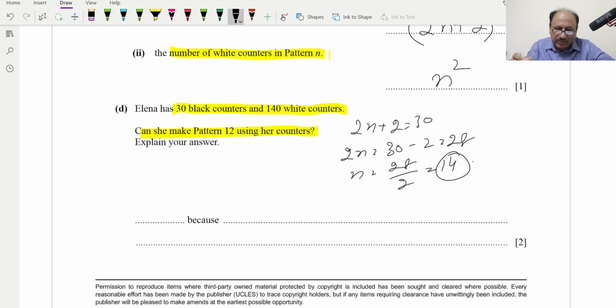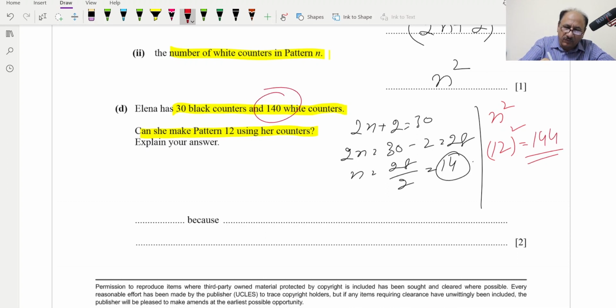So she can make pattern 12, that will not be an issue. But for the other one, if we check n squared, we need 12 squared white counters, which is equal to 144, but she has only 140, so white counters are insufficient, so our answer will be no.